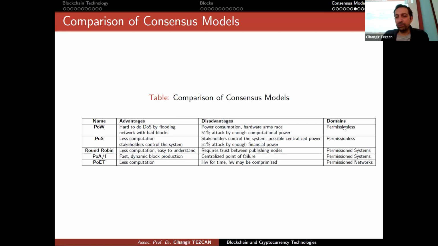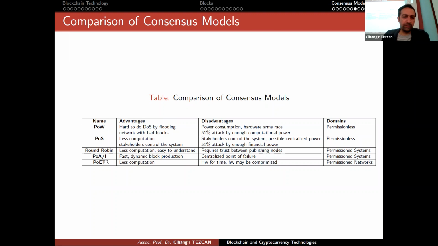These are used in permissionless systems, but for the permissioned system, we can use round robin. Less computation, easy to understand, but now we are actually giving the ability to create blocks to everybody. So we have to kind of trust these publishing nodes.